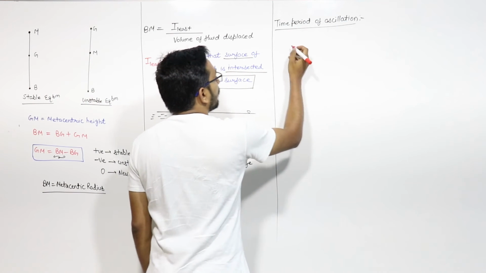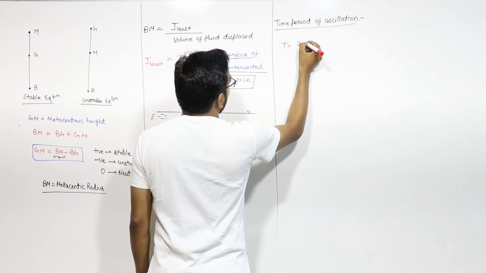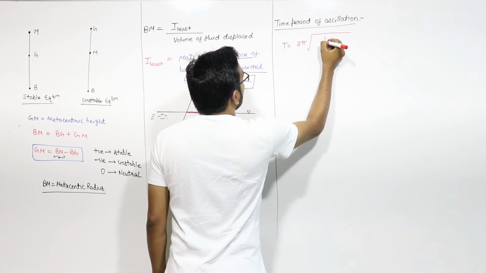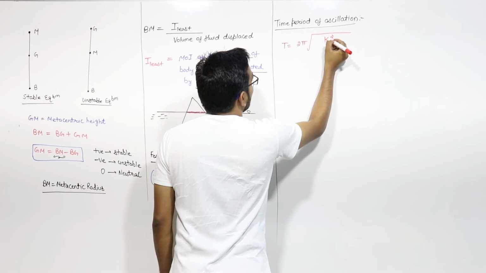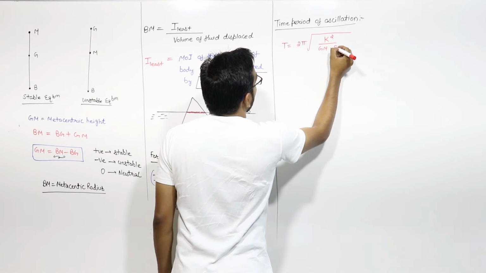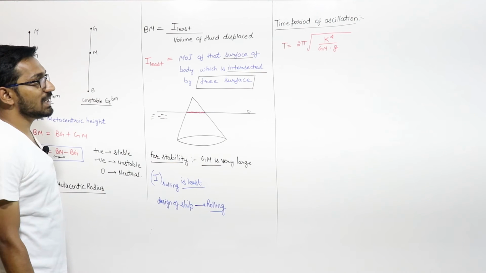So the time period of oscillation will be equal to, I am just writing the formula, 2 pi under root k square upon GM into g.